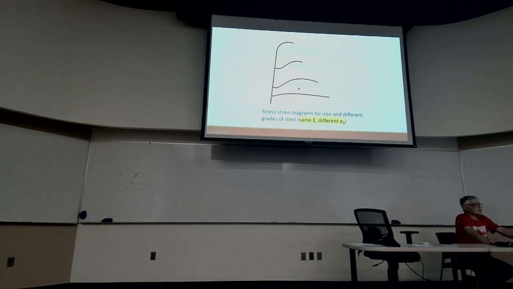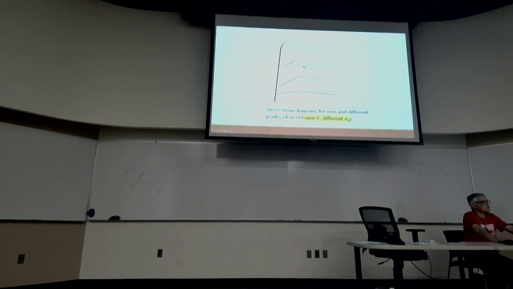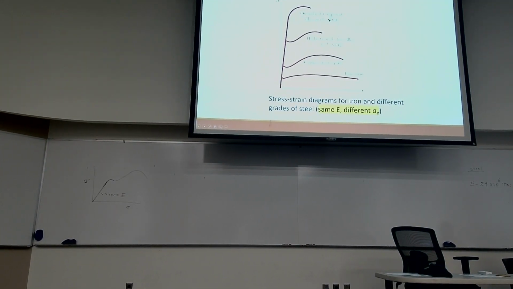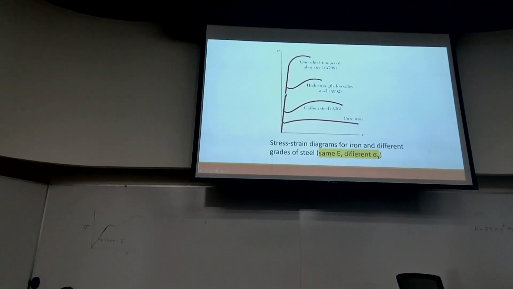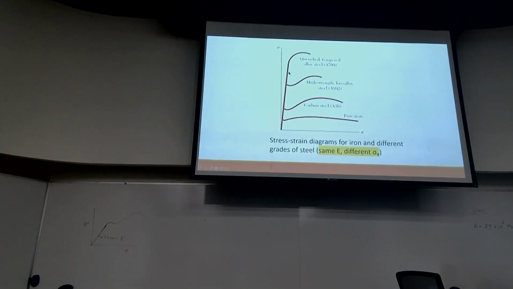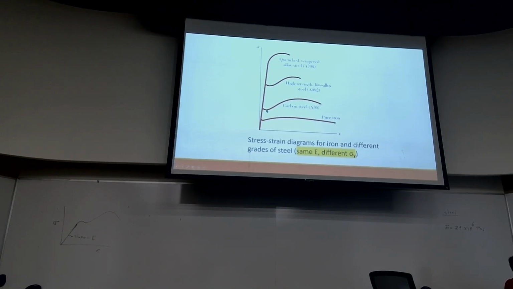This is carbon steel 836. This is another one, high strength steel, and this is quenched and tempered. As you can see, this straight line has the same slope for all of them. That means E is the same for all of these different steels.